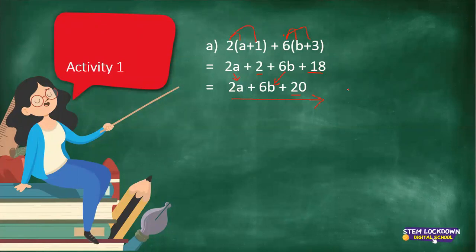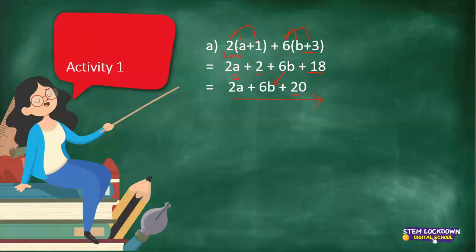Okay, here simply what I did, I distributed 2 into the first bracket, and I distributed 6 to the second bracket, right? In other words, I said 2 times A, it's 2A.